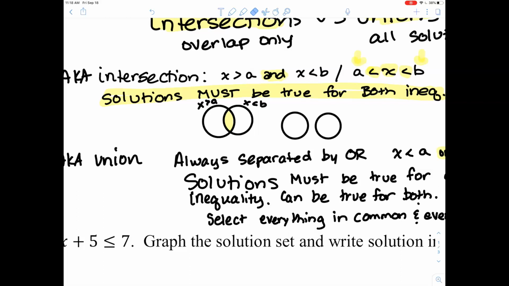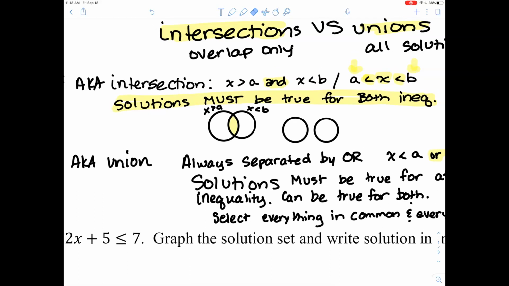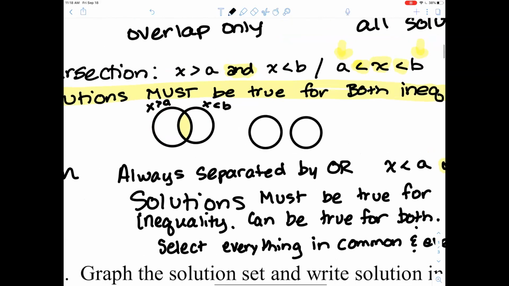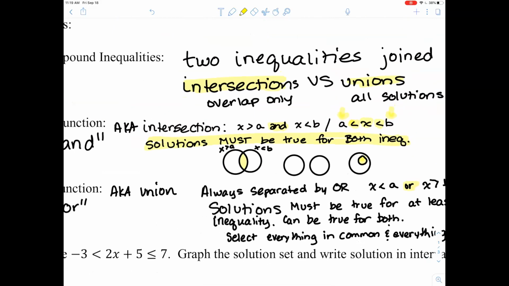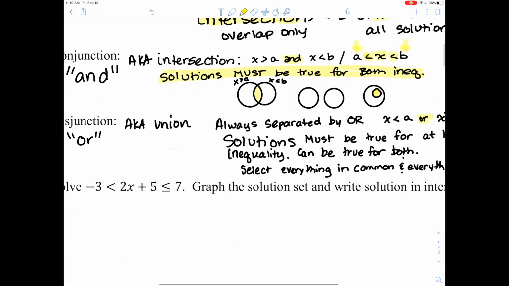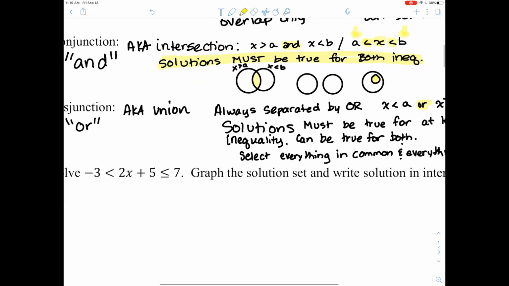Or you could have one set of solutions, and inside that set you could have another set of solutions, and so their overlap would be the only part that's true for both inequalities. That's what we're looking for. With a conjunction, you want overlap only. We'll do some examples and put it to math practice in a second.